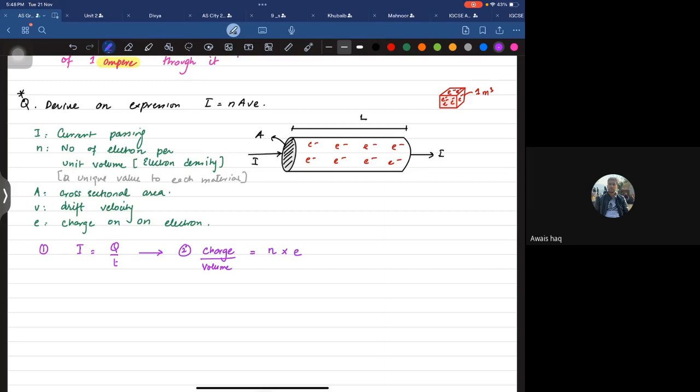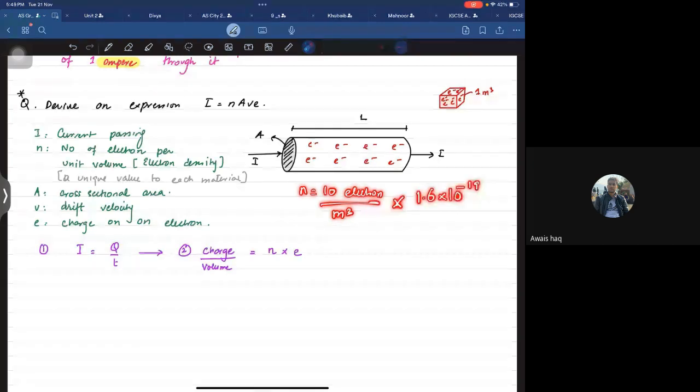Okay. Let's suppose N is 10. If N is 10, it means there are 10 electrons in a unit volume. Do you understand that? Apply the charge on an electron like that.